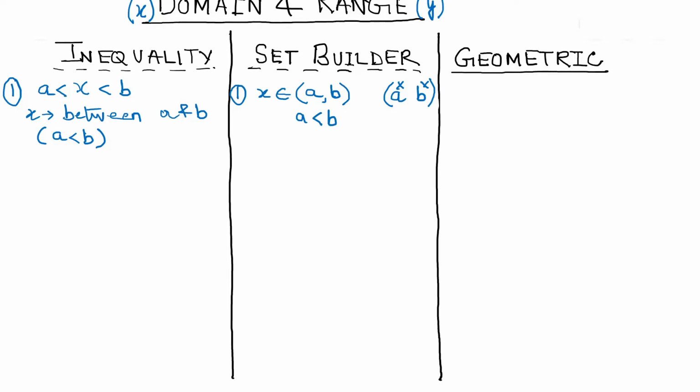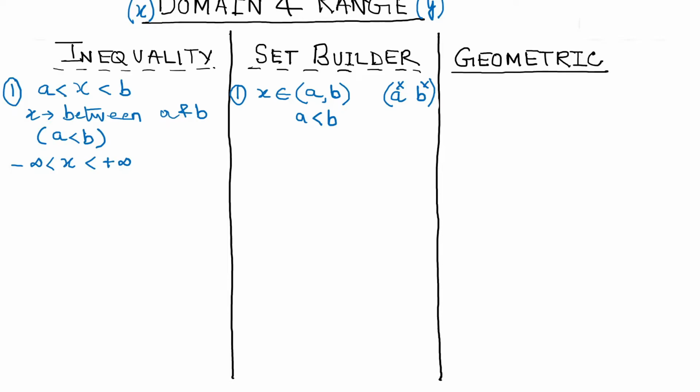Another thing that you need to understand here is if you say that x lies between minus infinity and plus infinity. Now minus infinity is a very big number, in the sense that the moment you put a minus sign in front of the biggest number, it becomes the smallest.